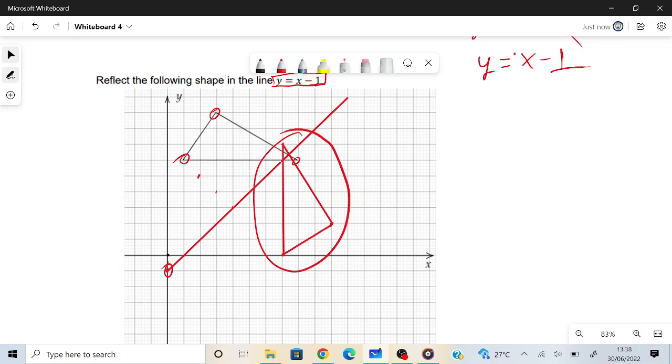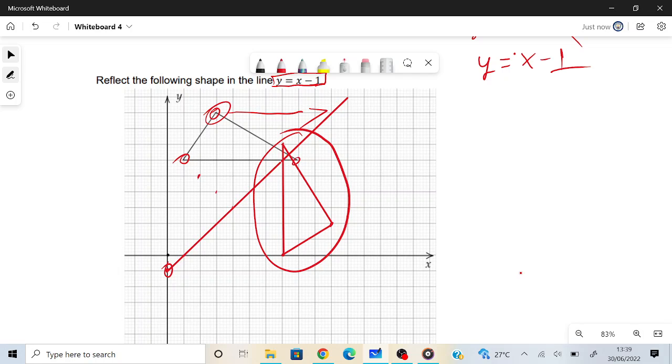Now, one trick that I would give to you is, again, the question of how do you know how many spaces to count and in which direction. Most people, if I was to take this point as an example, would go this way, but that is wrong. One trick you should know is that whenever you are counting the spaces, they should be at a right angle to the mirror line.